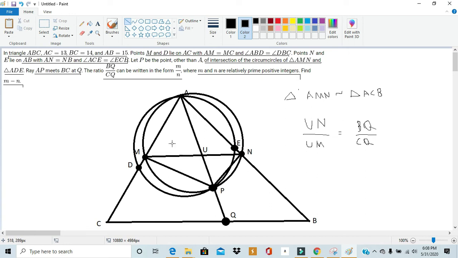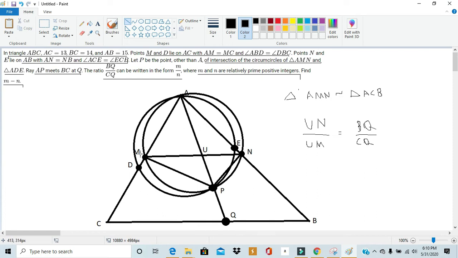Now, you're probably thinking, what's so important about that? Well, cyclic quadrilaterals have unique properties, one of them being a lot of similar triangles inside of them. For instance, in this case, we can see that triangle AMU is similar to triangle NUP. This is because they have equal measures in one angle, angle AMU and angle NUP through vertical angles.